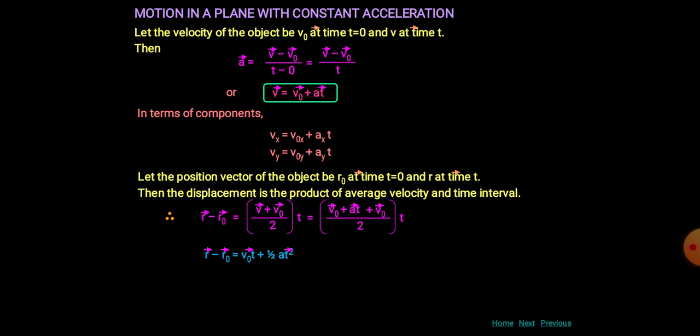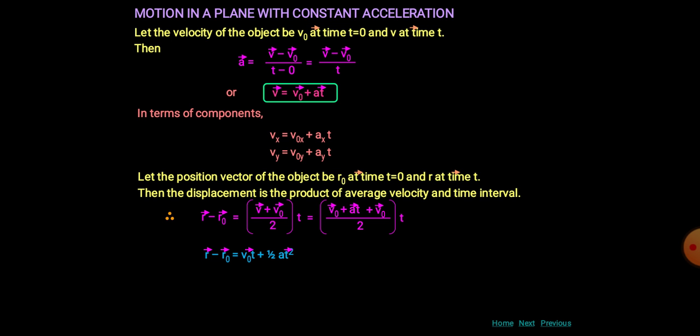Here v0 plus v0 is 2v0, divided by 2, it is v0. Since t is here, we can write v0t. Then at into t is at square, divided by 2, so we can write half at square. So r minus r0 is equal to v0t plus half at square.